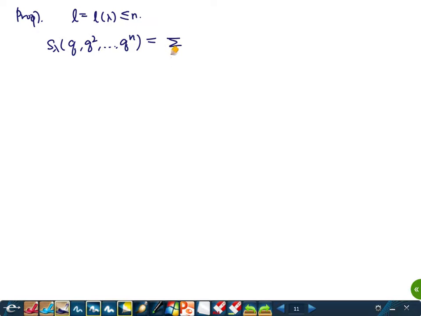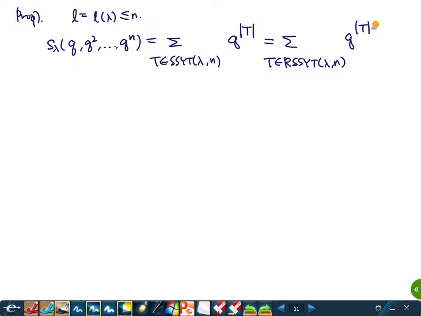This is equal to the sum over semi-standard Young tableaux with maximum element at most n of q to the power of T, meaning the sum of entries, like a plane partition. I claim that this is the same as the sum over reverse semi-standard Young tableaux of shape lambda with entries at most n of q to the T. Do you see why?